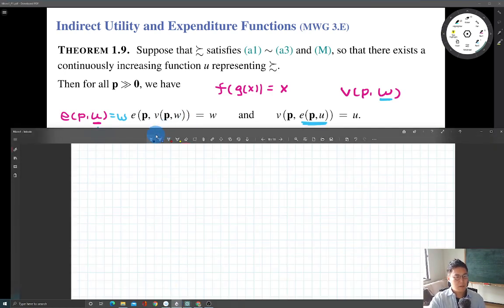So suppose that function E looks like this, say U plus 2 times P1 plus P2.